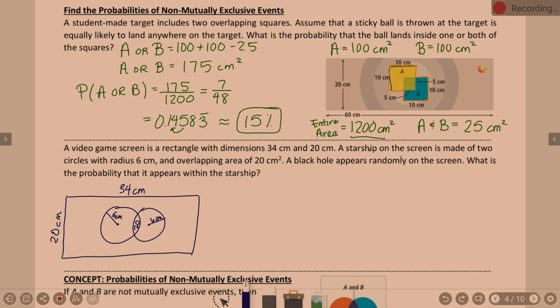What areas can you tell me? The entire area of the screen is 34 by 20. Well, 34 times 20 is 680. So the entire area of the screen is going to be 680 square centimeters.